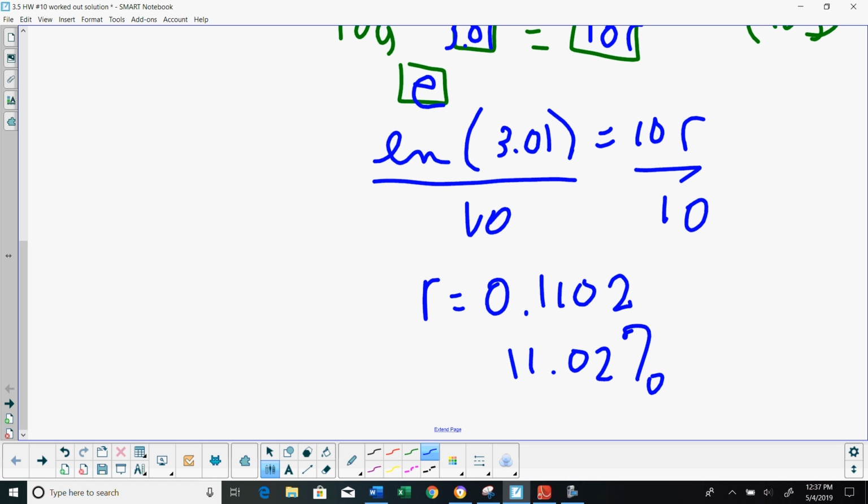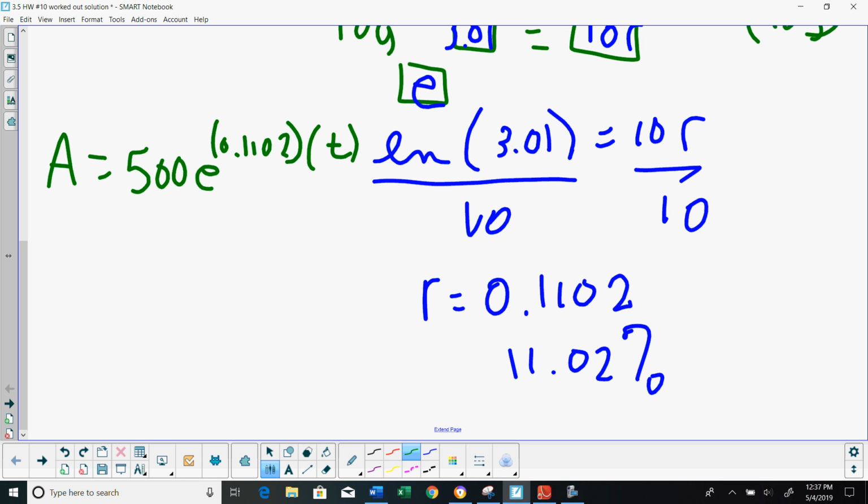Then they ask how long it is going to take for the money to double. That's part B of this problem. Well, we now know our model is A equals 500, because that was our initial amount, times e to the 0.1102 times t.